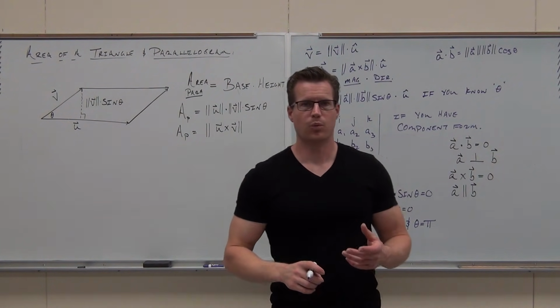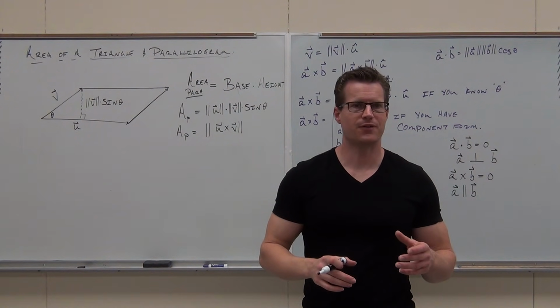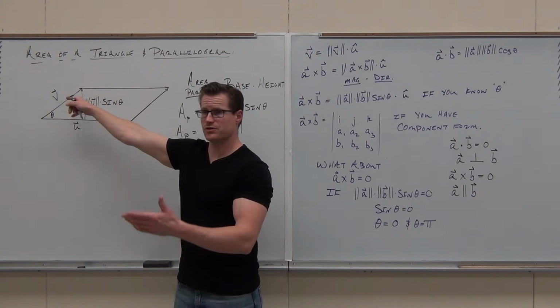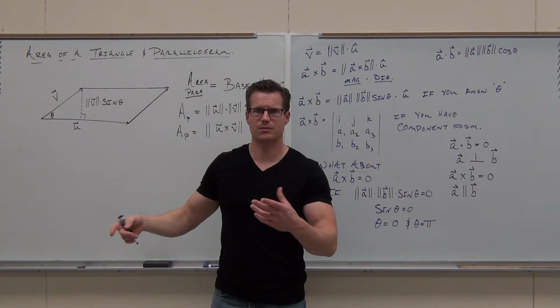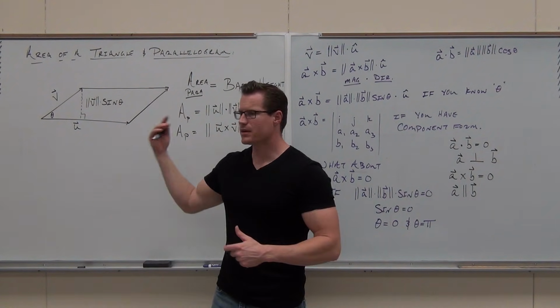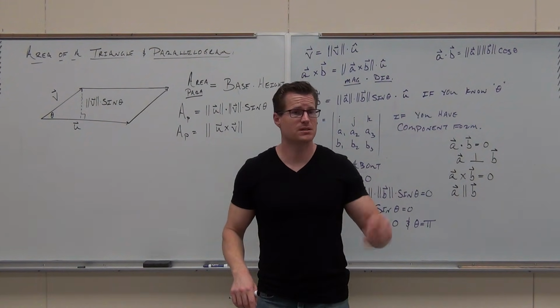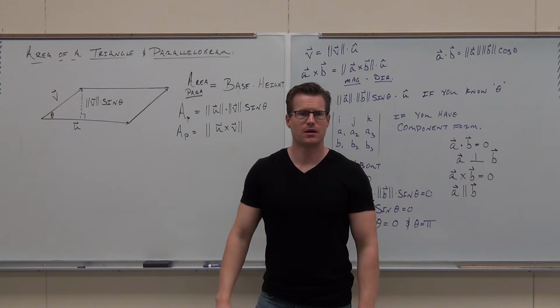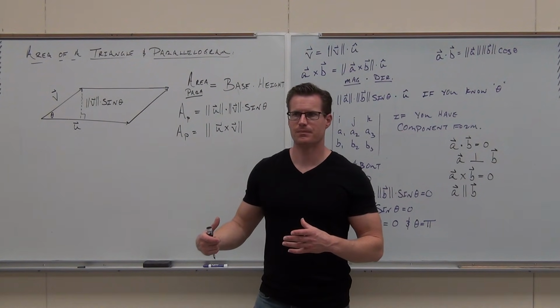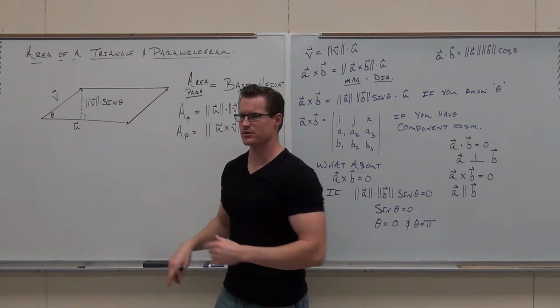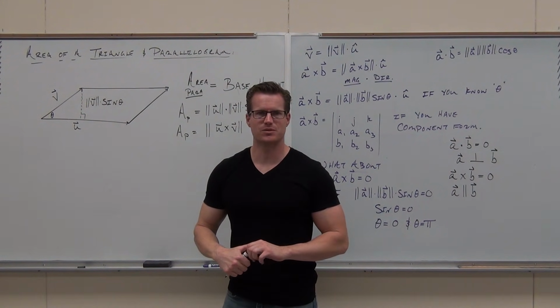So what's really cool is if I give you any two vectors, those vectors, you know this by the parallelogram law, make up a parallelogram. So to find the area of any parallelogram that's bordered by two vectors, it's easy. Cross product, magnitude, done. That gives you the area contained by the parallelogram bordered by these two vectors. It's pretty neat. That's pretty cool.